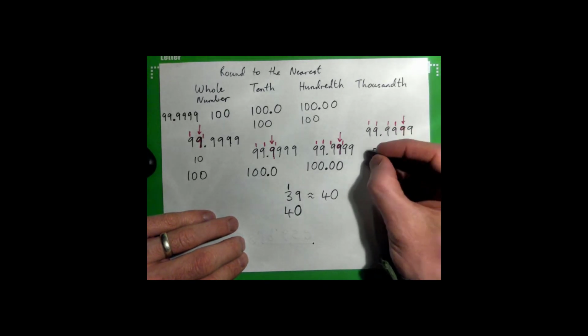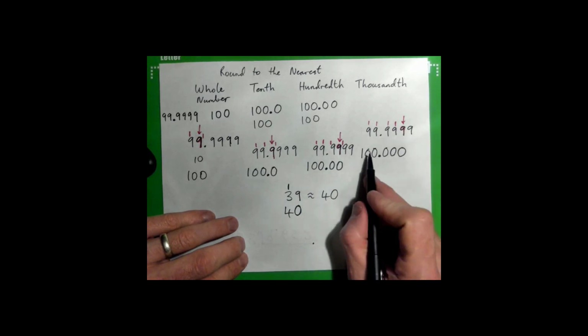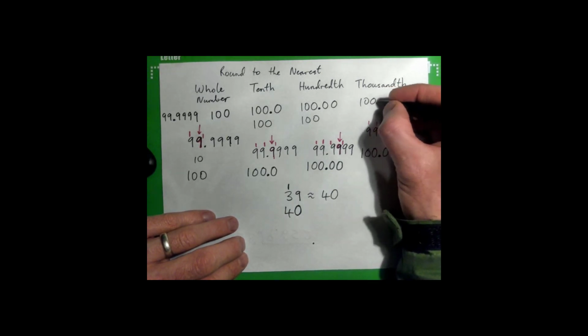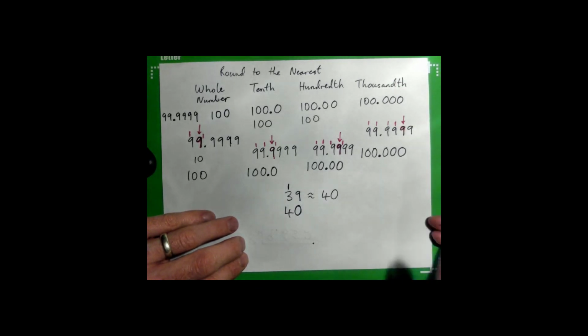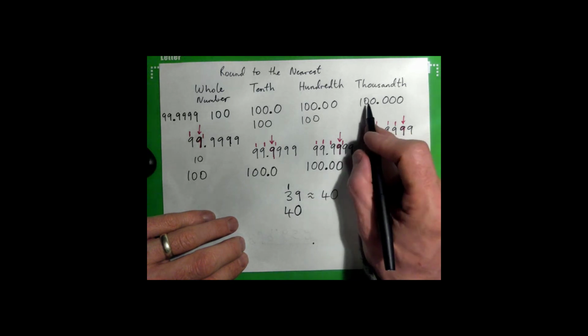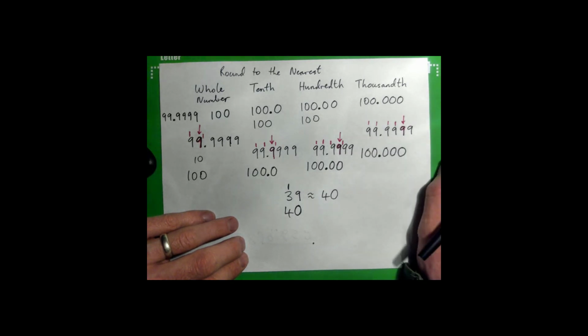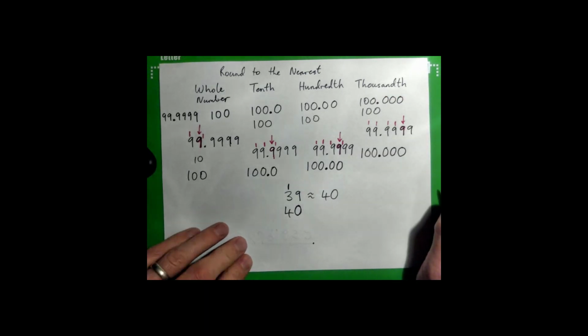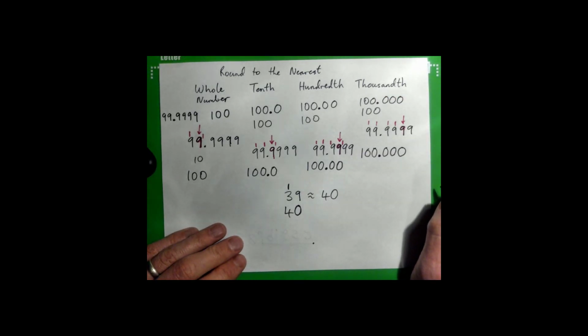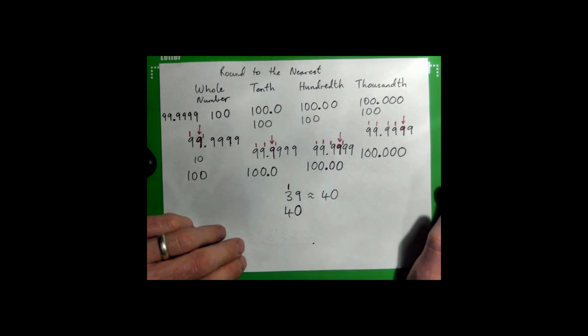This 1 and 9 becomes a 10. And you have 100.000. And that's rounded to the nearest thousandth. And what's 100? Simplify 100.000. Or just 100, yep. Okay. And so, what else?